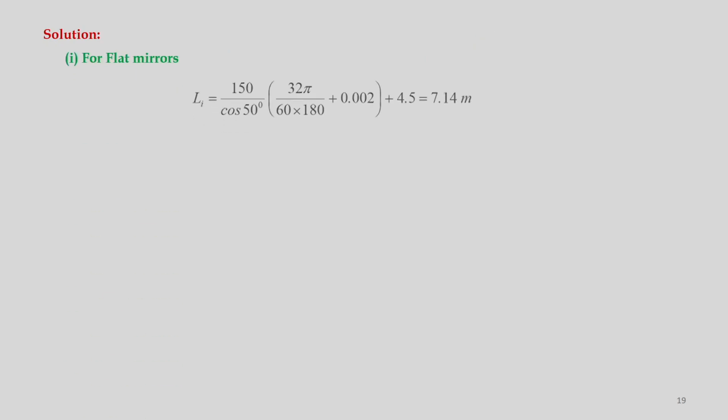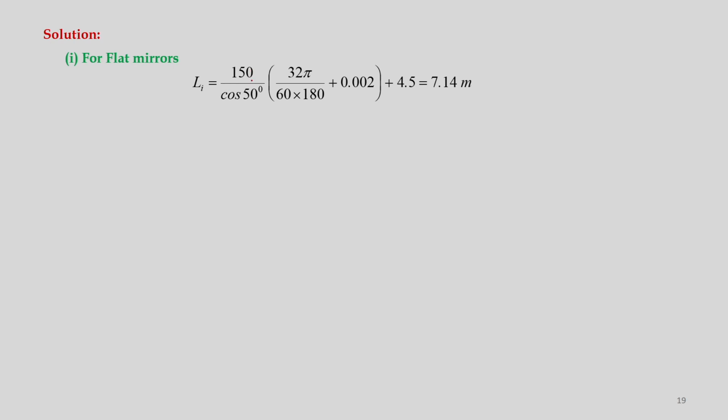So, for Li, if we substitute those values, h is known to us, and this value 32 by 60 is nothing but 0.53 into pi by 180, and this angle is always in radian, which is given to us, and the diameter is given. Then we can calculate the size of the image when the mirror is flat.